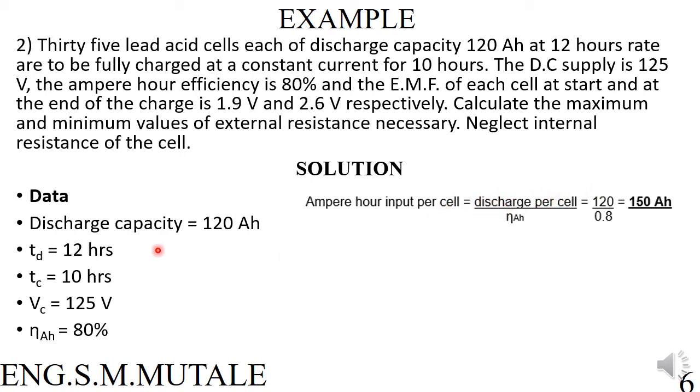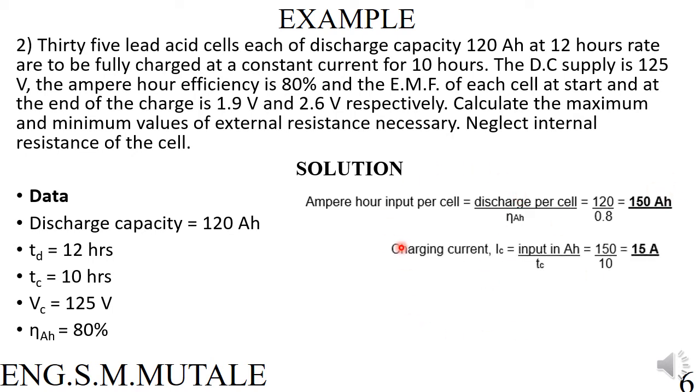When they were discharging, the product of the current and the time has been given to be 120. So when you divide that by the efficiency, it will give you the product during charge, which is the ampere hour input per cell. So that is simply 120 divided by the efficiency, which is that. So this will produce 150 ampere hours. So this will be the input.